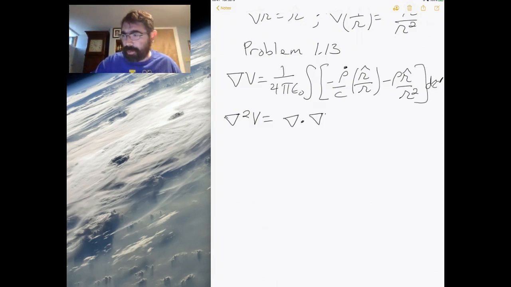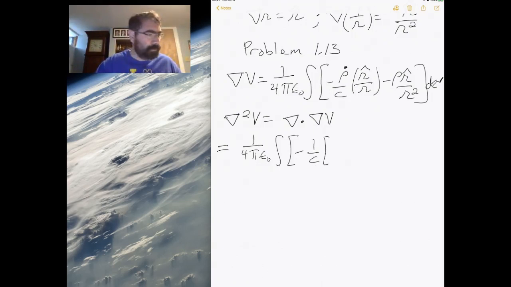Now let's apply the derivative again to give us the Laplacian of the potential, and that is the divergence of the gradient of v. Let's work that through, and what we get is 1 over 4 pi epsilon naught, the integral of 1 over c, r hat over r dot the gradient of rho dot, plus rho dot times the divergence of r hat over r.